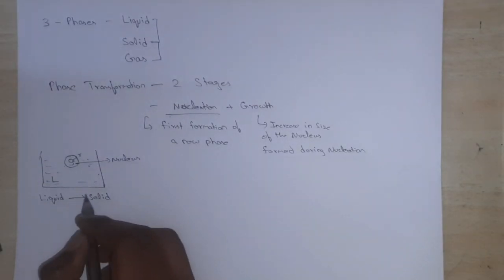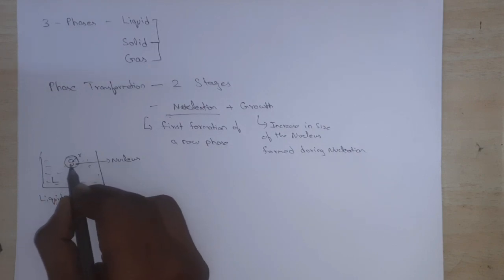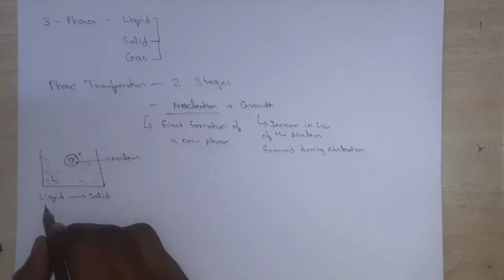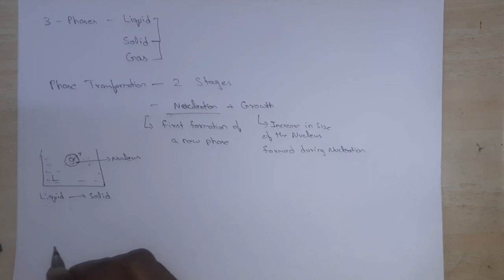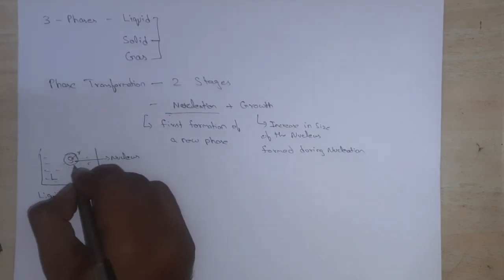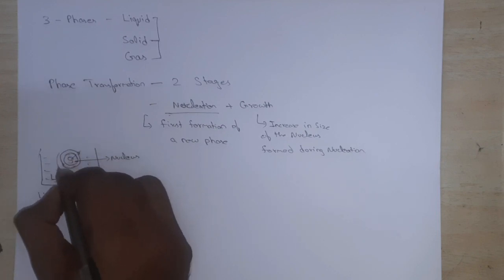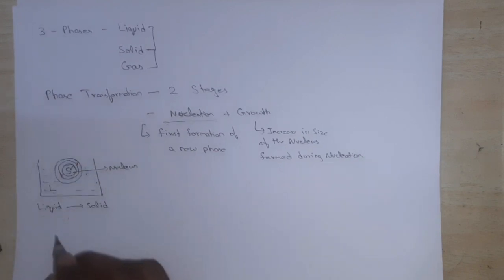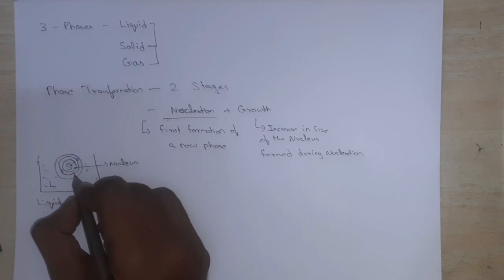If we observe, the formation of this solid nucleus will be the first stage for the whole transformation of liquid into solid. Later on this solid keeps on increasing its size and the growth will take place. And remember, this growth will be in the perpendicular direction for the solid.